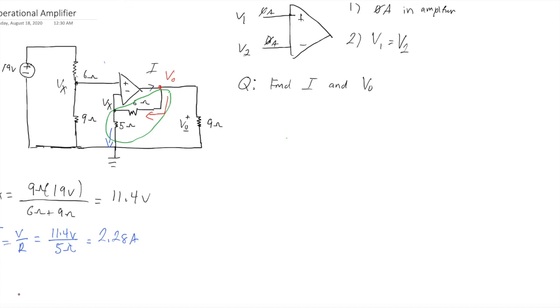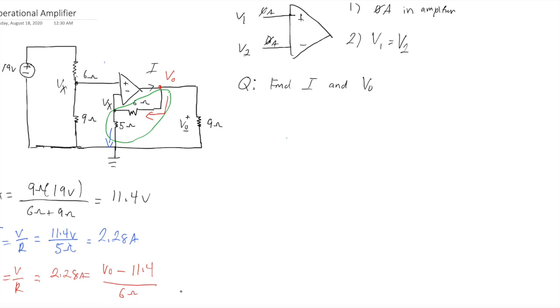So if we do another current formula, I equals V over R, we want to find V naught. We can write this as 2.28, because we know they share the same current, is equivalent to V naught minus Vx, which is 11.4, over 6 ohms, and this is amps right here.